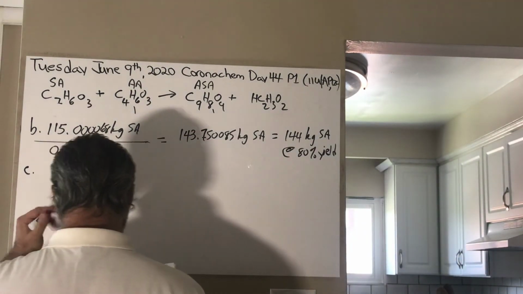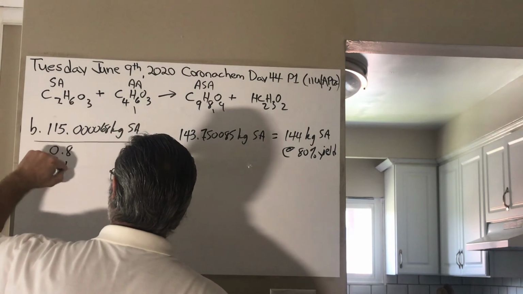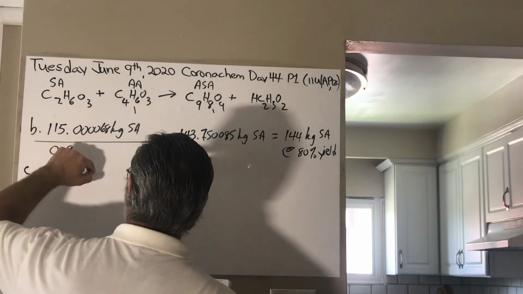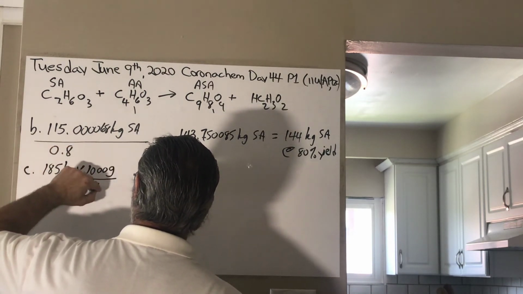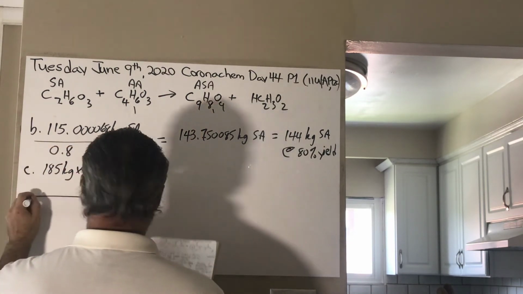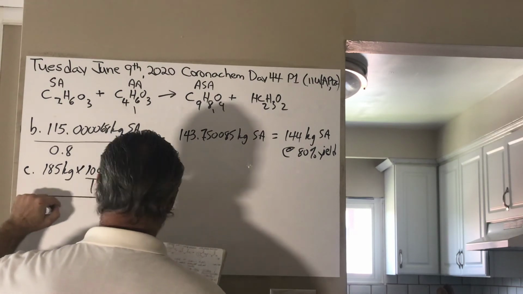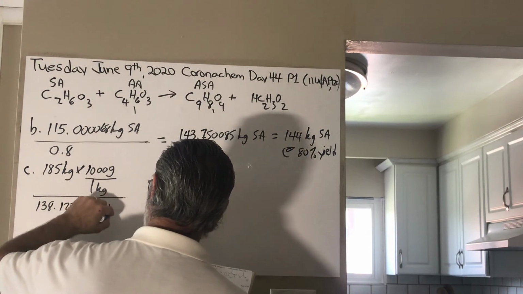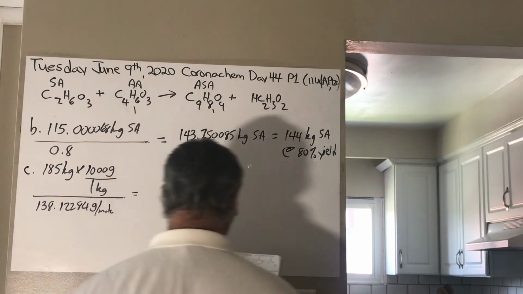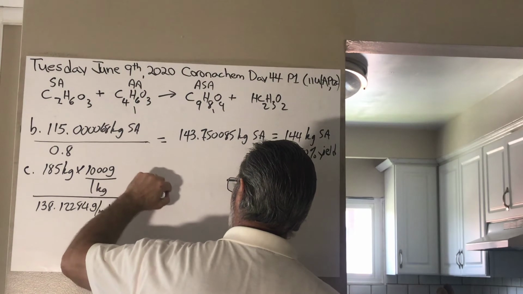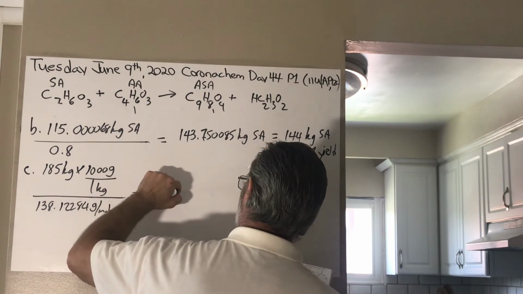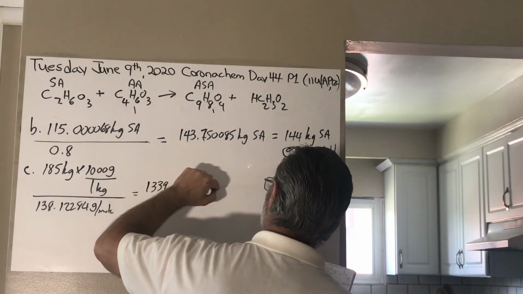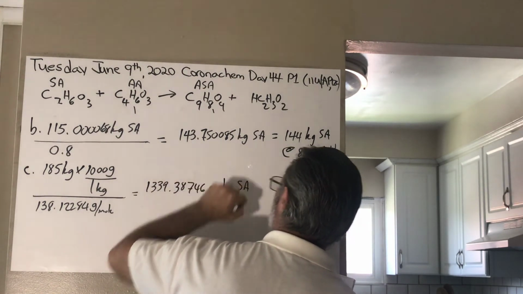So if you have 185 kilograms of salicylic acid times 1,000 grams per kilogram, divide all that by the molar mass we found earlier, which is 138.12284 grams per mole. You're going to get 1,339.38746 moles of salicylic acid.